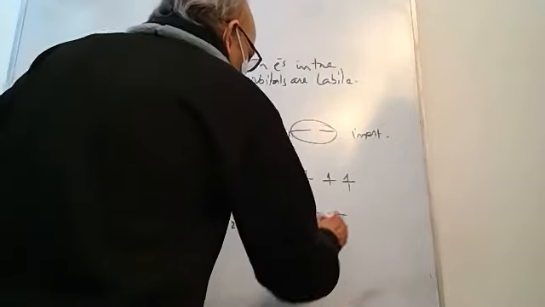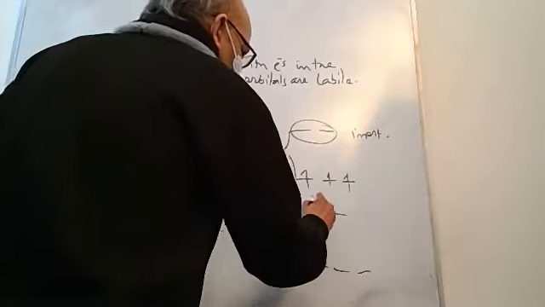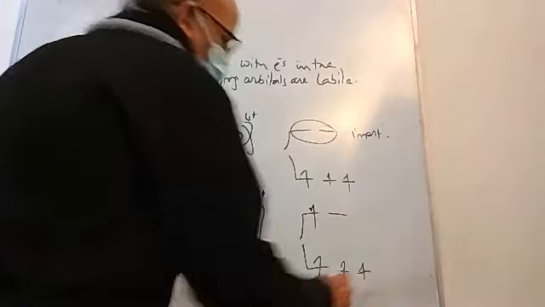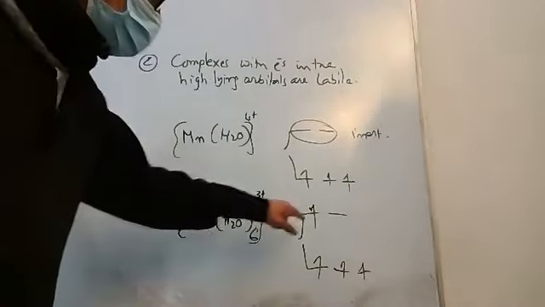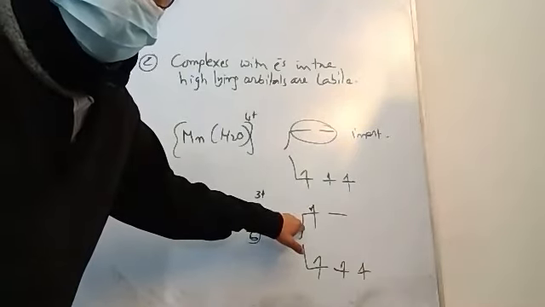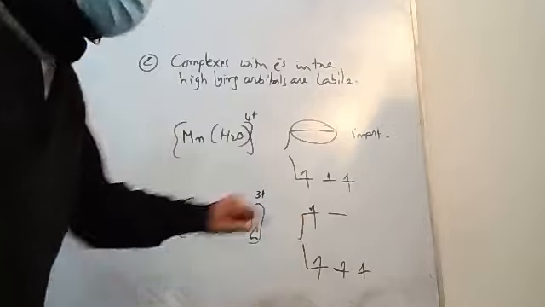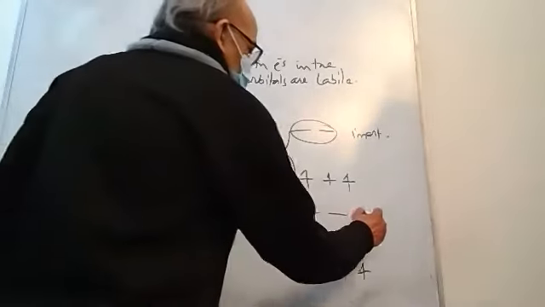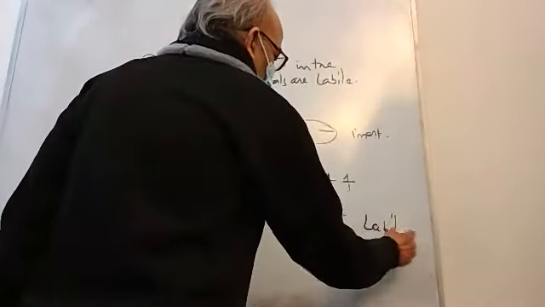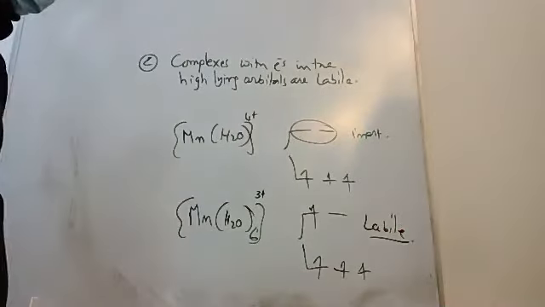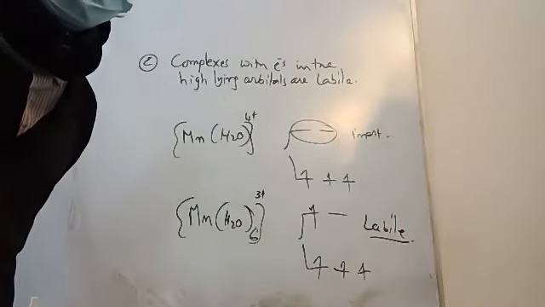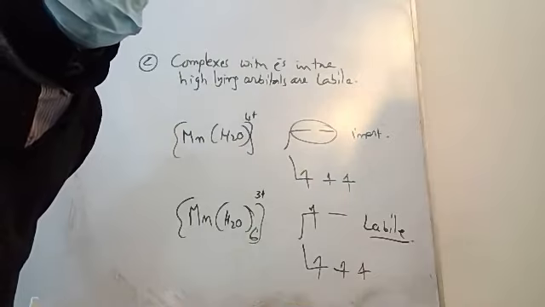So when you do that, this is the configuration I have. I have now an electron in the high-lying d orbital. This will make it very labile. This is a very important rule.